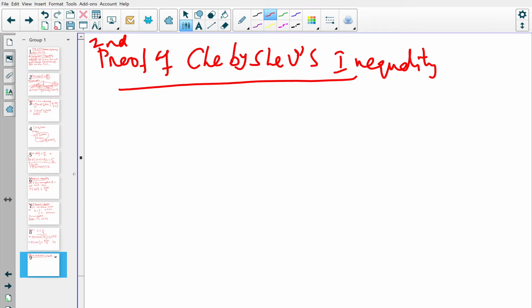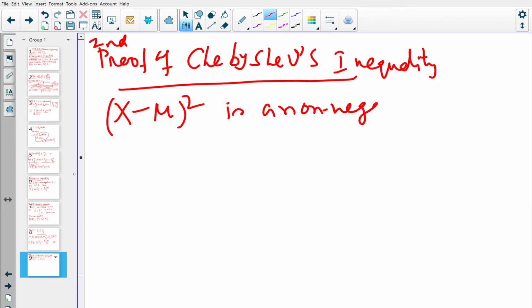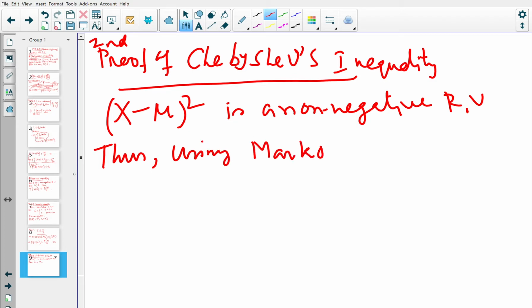So you start with the random variable x minus mu whole square. Now see that this is a non-negative random variable. So using Markov inequality, so Markov inequality tells me what?